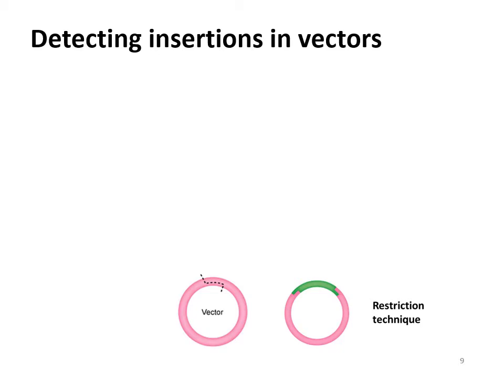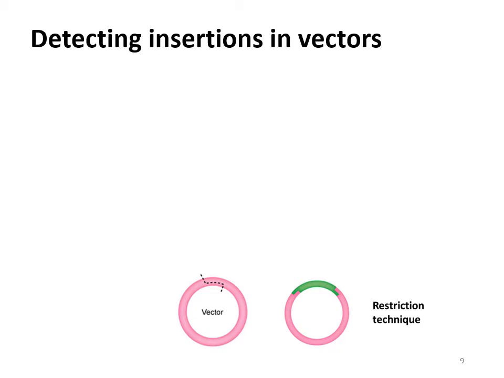So now on this slide, we're going to start going into some ways that you can detect whether your plasmid successfully took in the gene of interest. Keep in mind, this is different from the selectable markers we talked about earlier. Things like color detection and antibiotic resistance were just to show if your plasmid has made it into the bacteria.